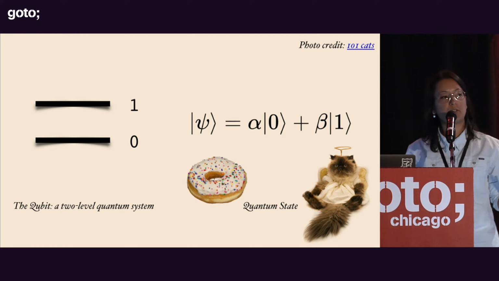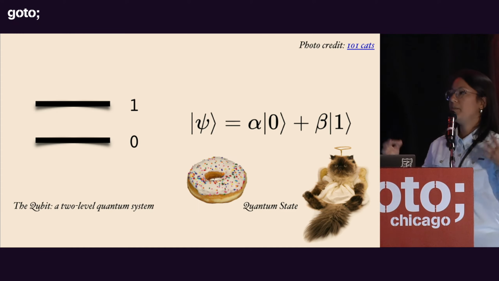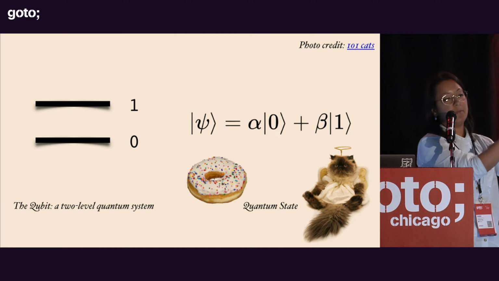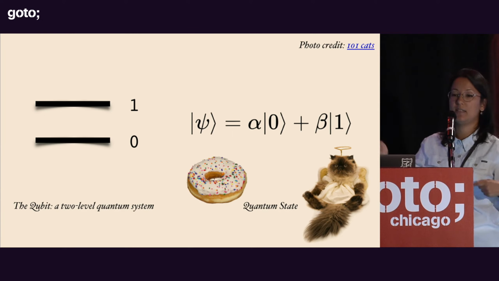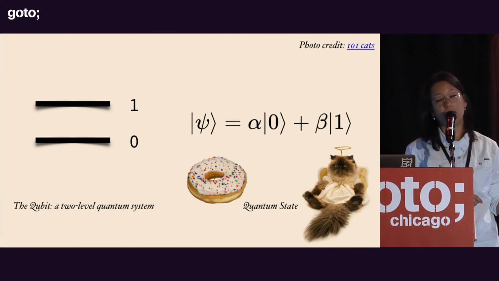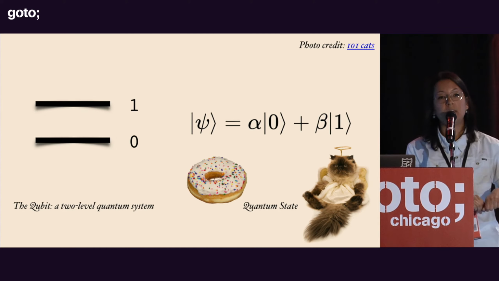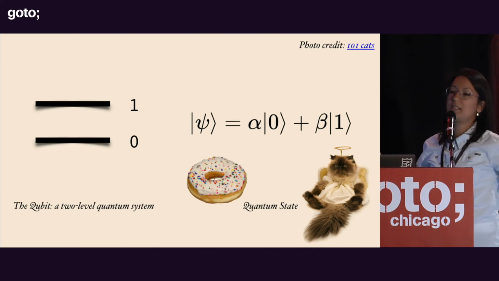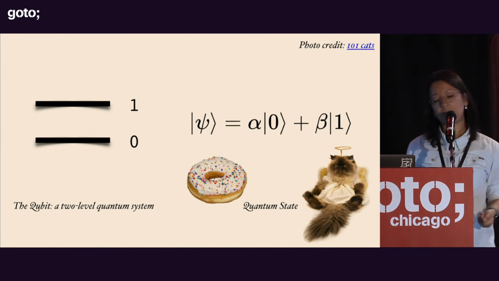Now, what this demonstrates is that when we don't measure a quantum state, it actually lives in this probability of being 0 and 1. It hasn't decided yet. So when you open the box, you decide, did it decay or not, this atom? If the atom decayed, you will find a dead cat in the box. If it didn't decay, the cat will be alive. So they extended this and said, oh, this cat is dead and alive at the same time.